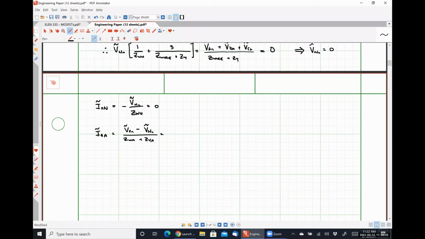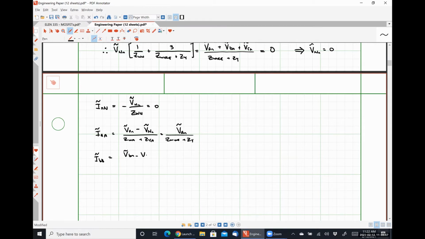Using the fact that we have a balanced system and recognizing that VNN is equal to 0, this reduces to VAN divided by Z wire plus ZY.